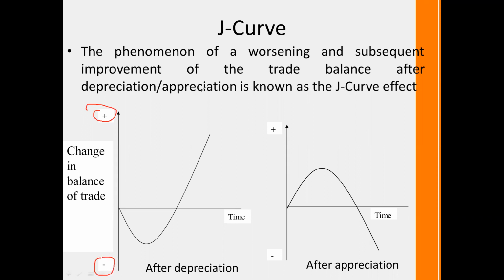As a result of the currency depreciation, right, we are having more import demand, because people take time to substitute from imports to another substitute product, right? So then import expenditure increases, as a result of that the trade balance deteriorates, moving into a deficit.